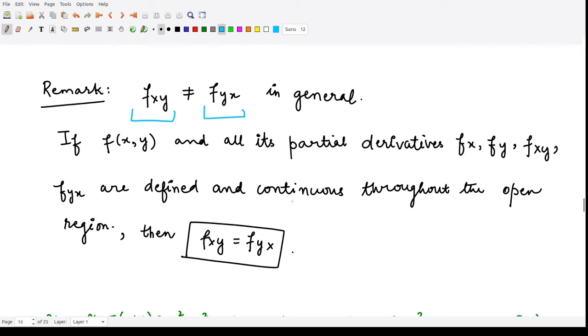We have this result stating that these two second order derivatives would be equal whenever all the partial derivatives like f of x, f of y, f of xy and f of yx are defined, first thing, and are continuous throughout the region. If all the partial derivatives are defined and continuous, then these two partial derivatives are equal. So that is the result.